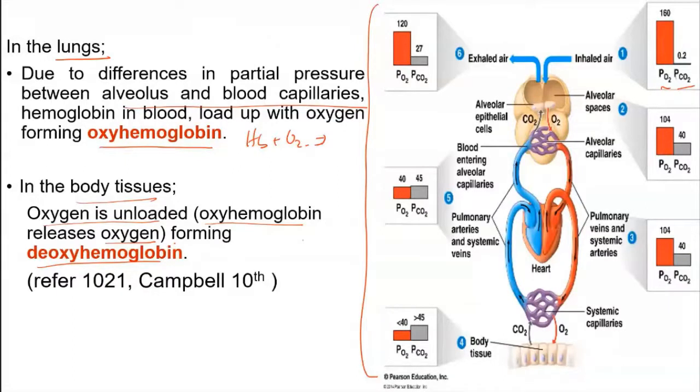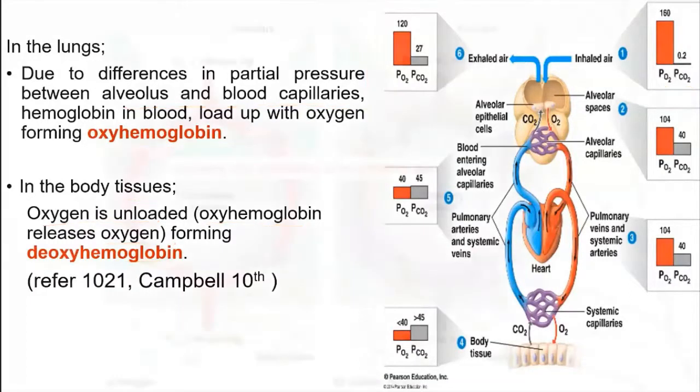Oxygen goes from the atmosphere into the lung, into blood capillaries, into body tissues. Carbon dioxide goes from body tissues into blood capillaries, into lungs, into the atmosphere, due to the difference in the partial pressure of these two gases.